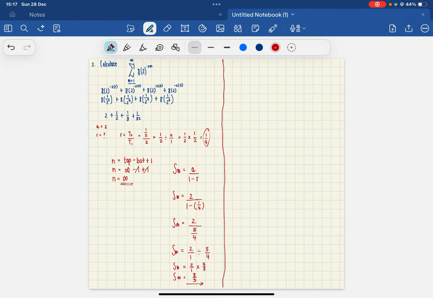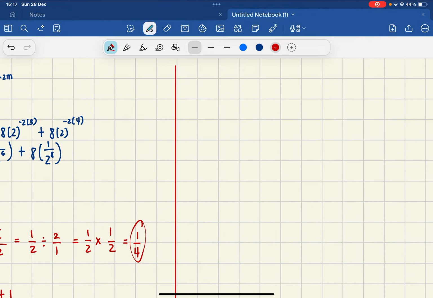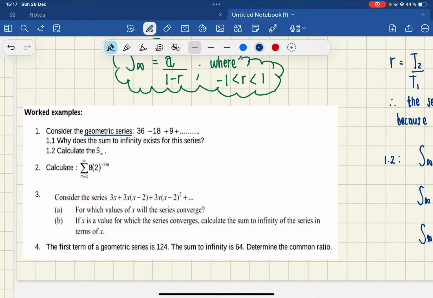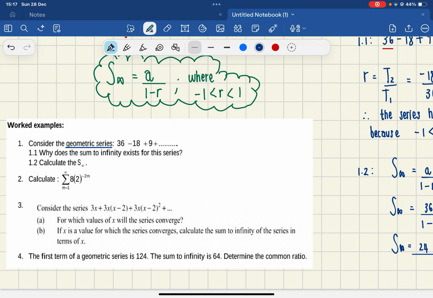I want us to then move on to the questions that follow. The other question, question 3. What does question 3 say? Question 3, boys and girls, is one you'd see in your tests a lot and in your exams.